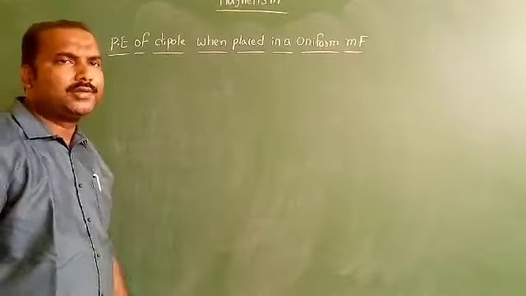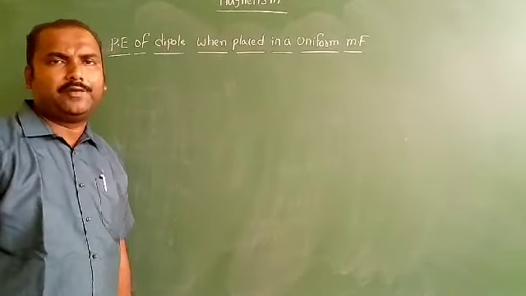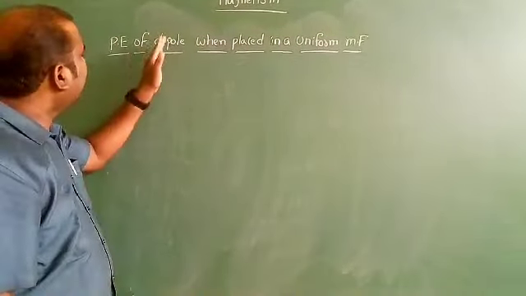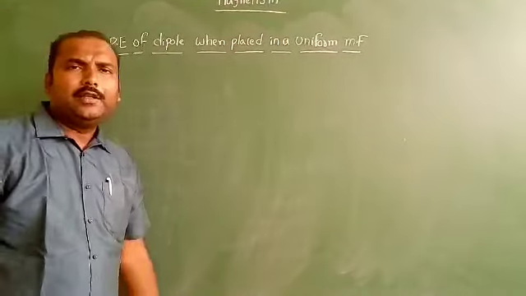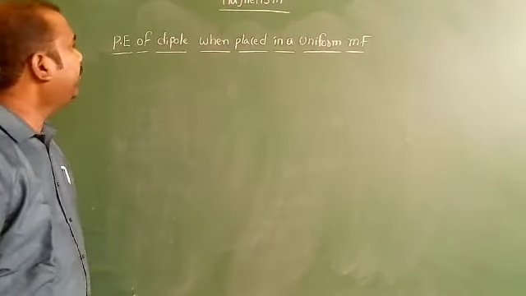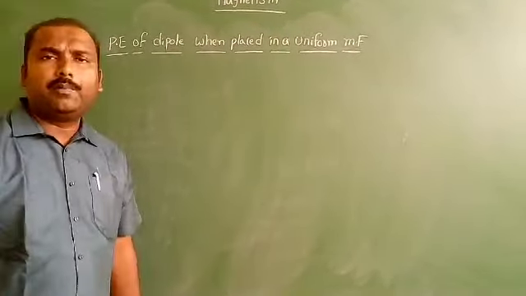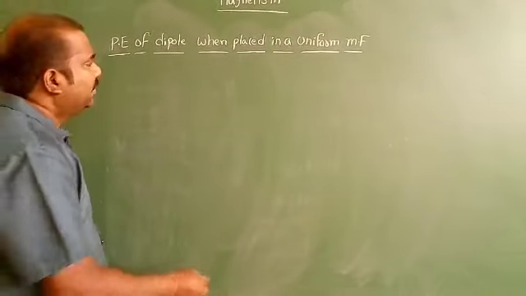Just now we discussed the torque acting on the dipole when placed in a uniform magnetic field. Now, using the same concept, how can you find out the potential energy of the dipole when placed in a uniform magnetic field?